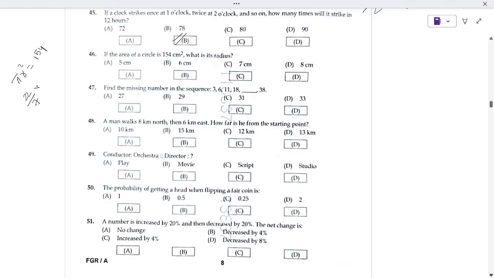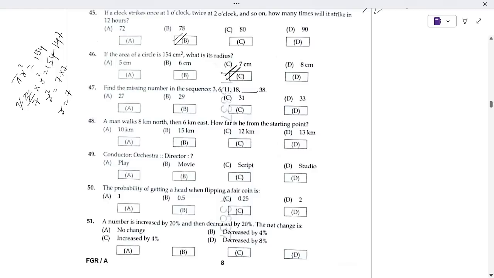Now here r square is equal to 154 into 7 by 22, which gives 49. So r square becomes 49, and taking the square root, r is equal to 7. They're asking us to find the radius. Radius is 7.